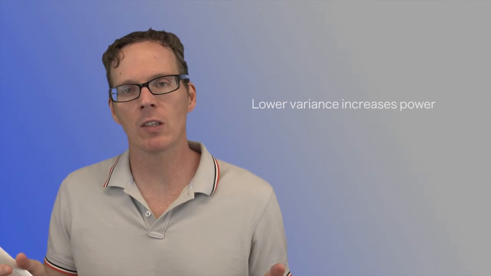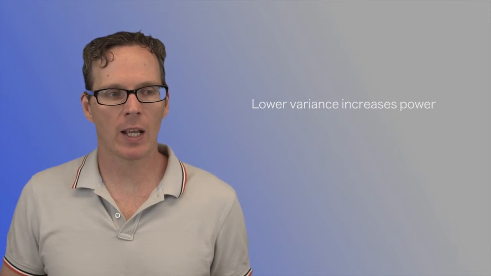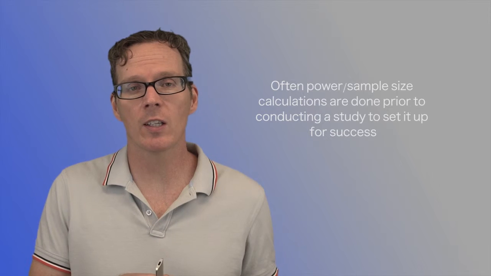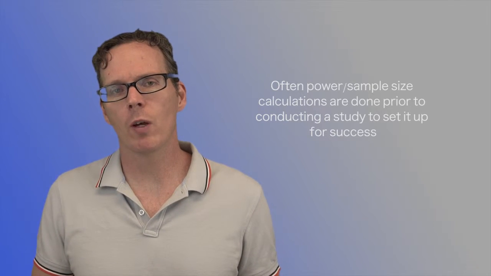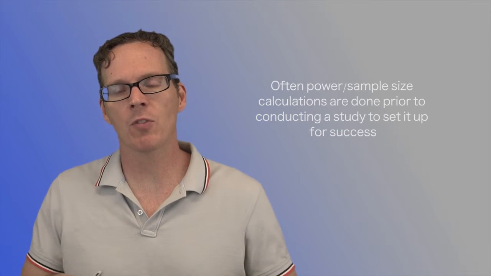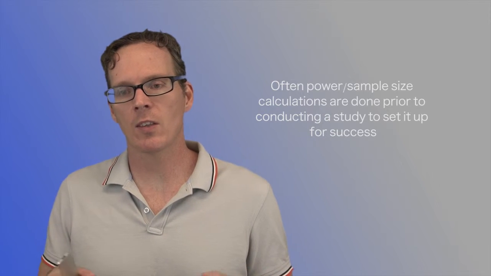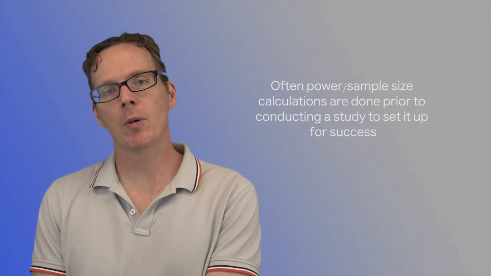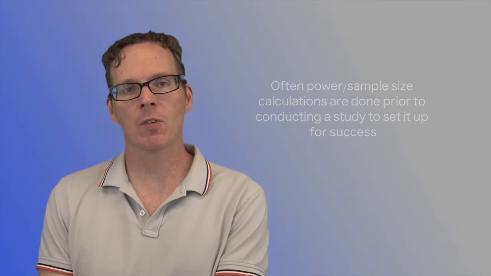The less uncertainty in the system that you're studying, the more power you're going to have. And so often people will do power calculations prior to a study just in order to make sure that they've set themselves up for success, that they know that they have a specific high probability of detecting an effect if it's actually there.